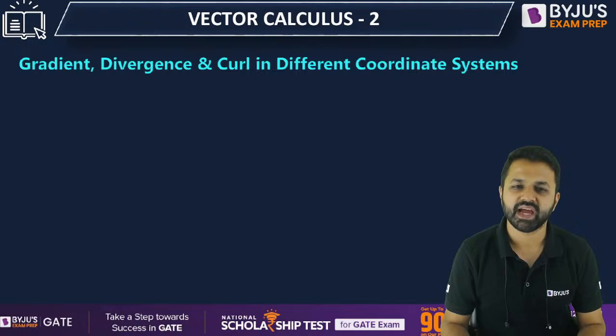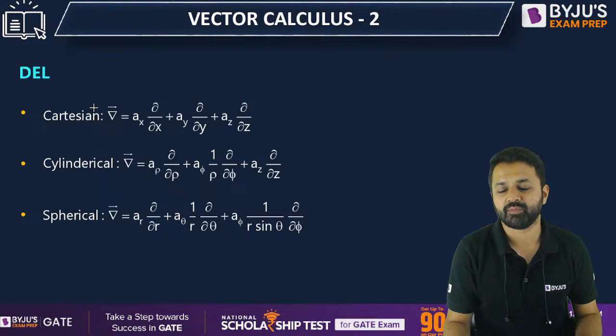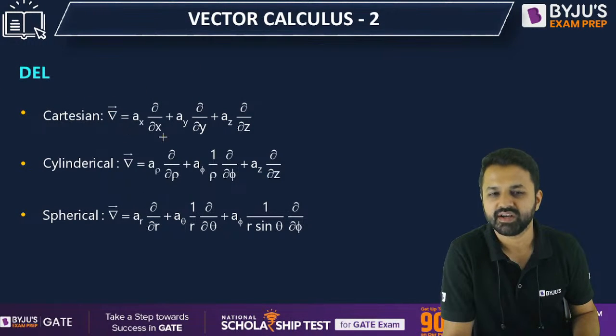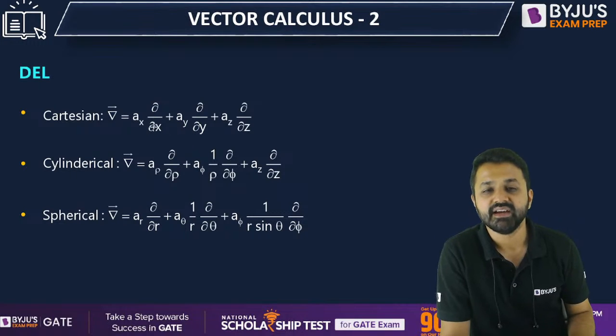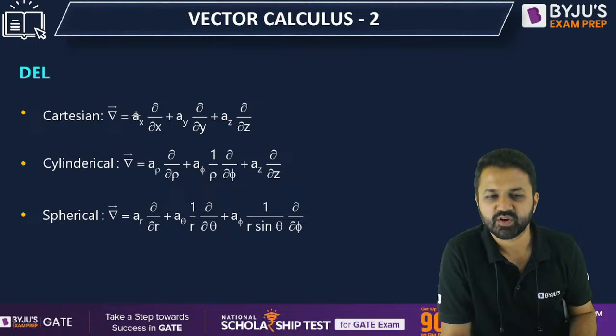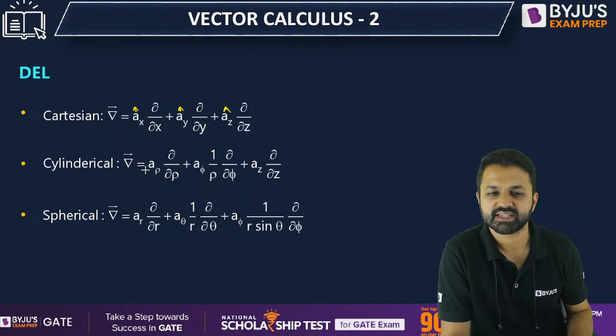But before going to that, let's understand what the del operator is. The del operator is a vector quantity. In the Cartesian coordinate system, it is the differentiation with respect to x, y, and z. Because it is a vector quantity, you have to multiply it with the unit vectors ax, ay, az.